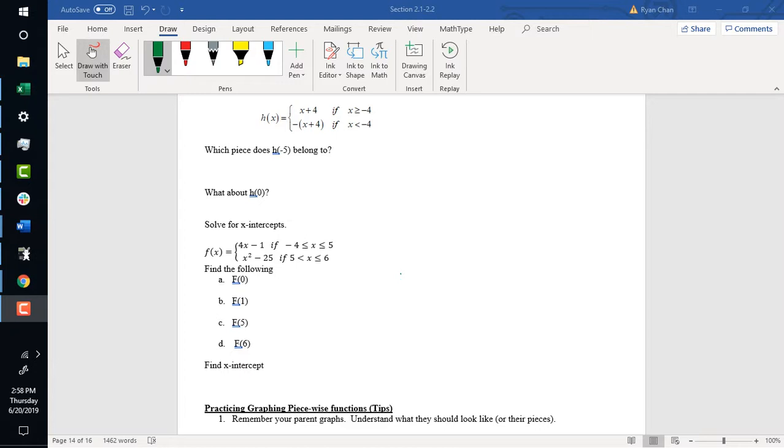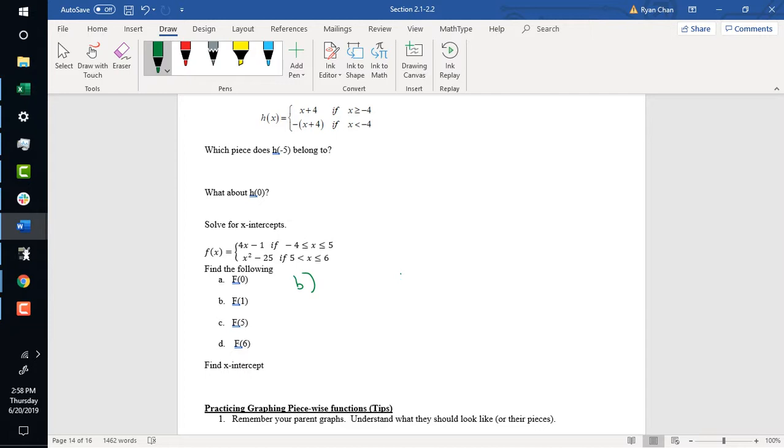Let's say I'm doing part B right here. When I am evaluating a function, I'm still going to do the same thing. F of 1 is, remember, back in our very first clip, when x is equal to 1, what is y? Now I have to be very careful of my domains or my boundaries.